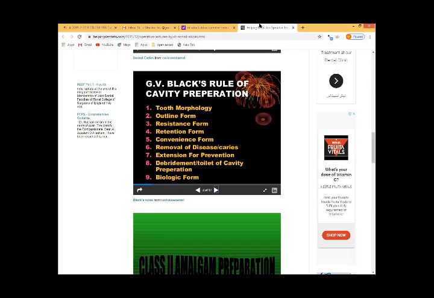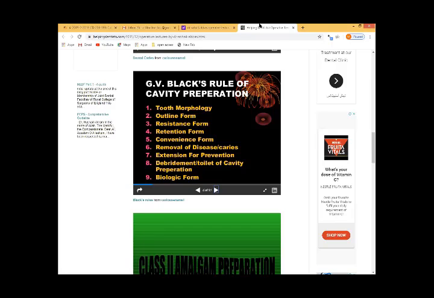We can't leave any pit or fissure area joining with the material where there is a defective joint on the surface. So this is how we are making this.